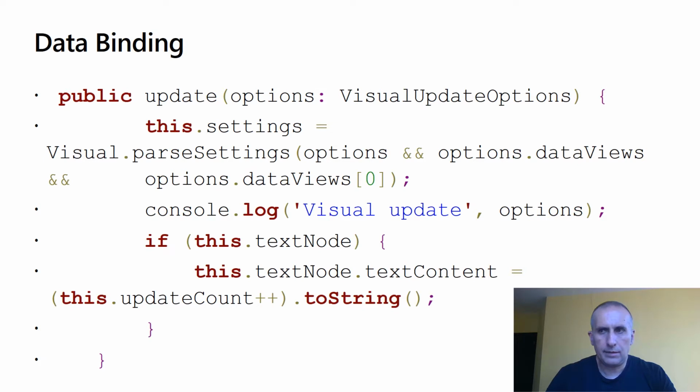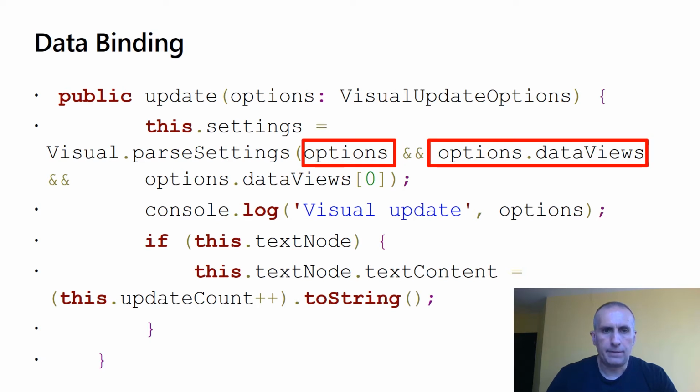You can see in the following snippet that in the method update we have options as parameters, and inside these options we have data views, and the first item of data views is exactly what is by default used to get data into our custom logic.